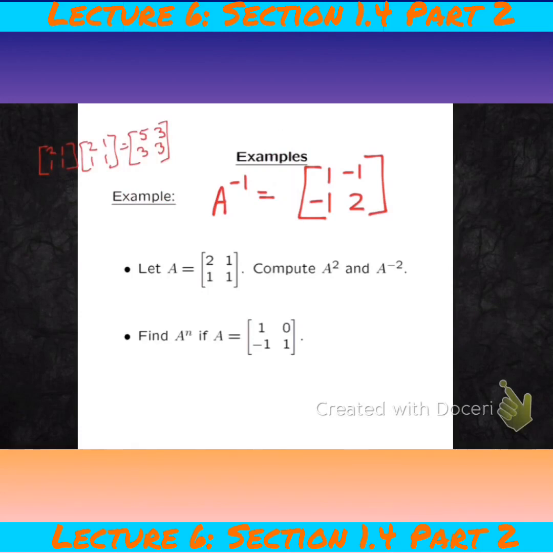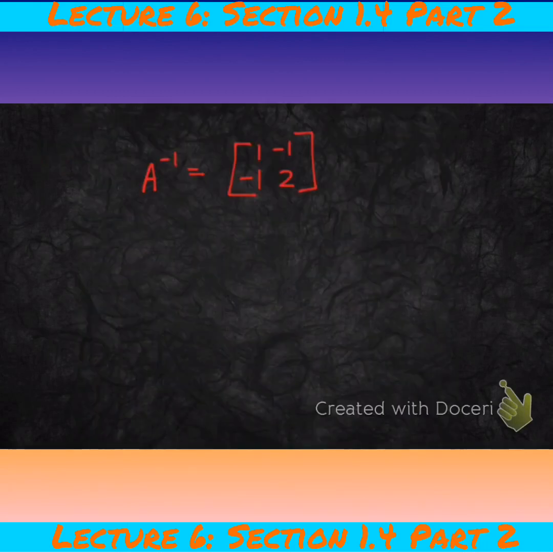Okay, and then A to the minus 2 is pretty much going to be the inverse of A squared. So squaring that matrix is a straightforward process.